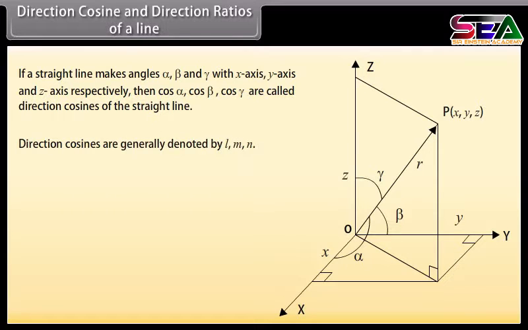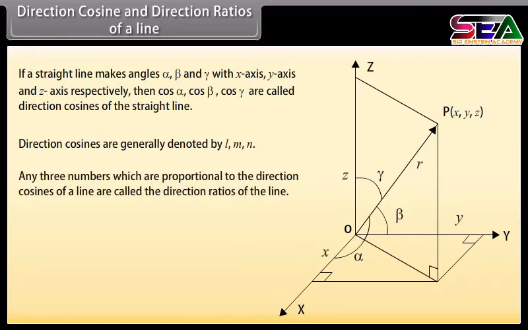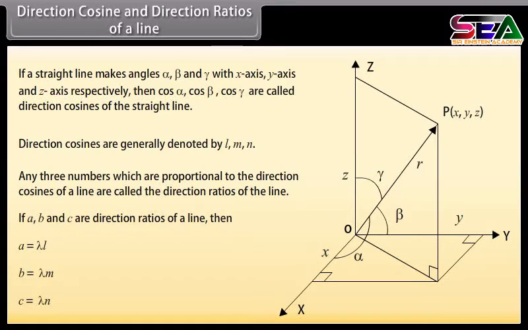Direction cosines are generally denoted by L, M, N. Any three numbers which are proportional to the direction cosines of a line are called the direction ratios of the line. If A, B and C are direction ratios of a line, then A equals lambda L, B equals lambda M, C equals lambda N.